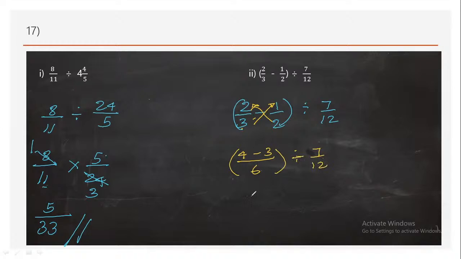For the subtraction, 3, 1 over 6 into 12 over 7. 2 over 7. Next question.